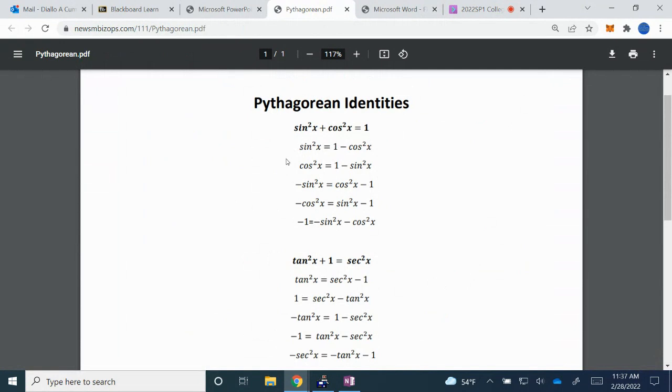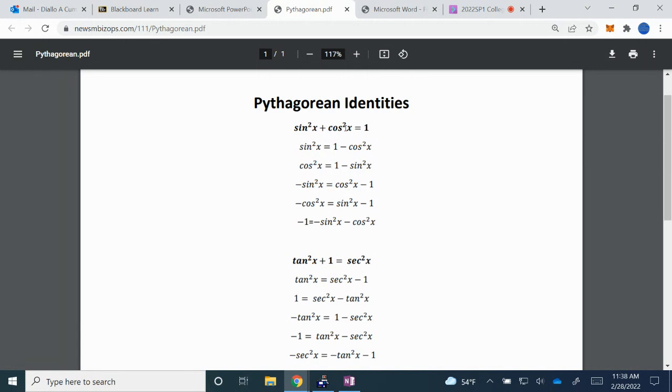And you see all of the derivations of this particular formula, which means that this Pythagorean identity can be solved for sine squared. Sine squared is equal to 1 minus cosine squared x. It can be solved for negative sine squared x: negative sine squared x is equal to cosine squared x minus 1.